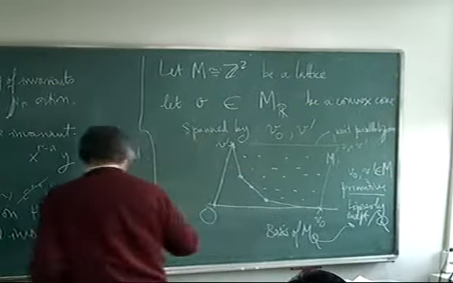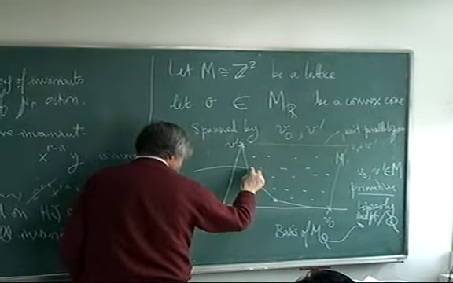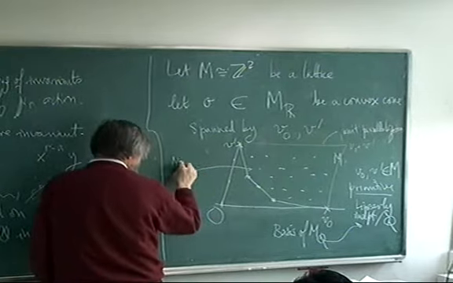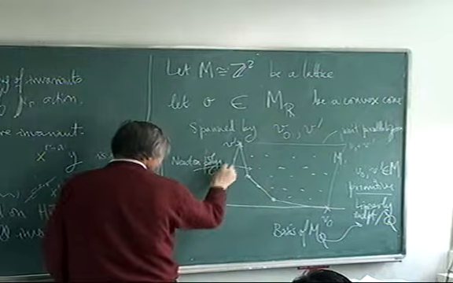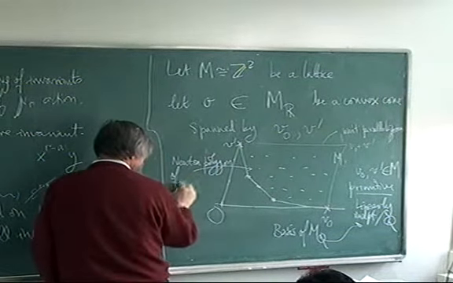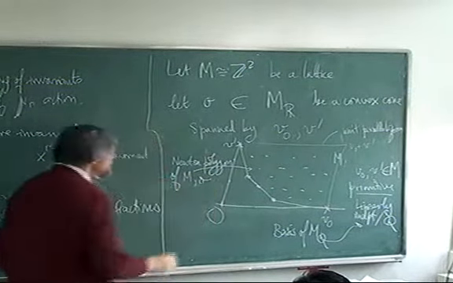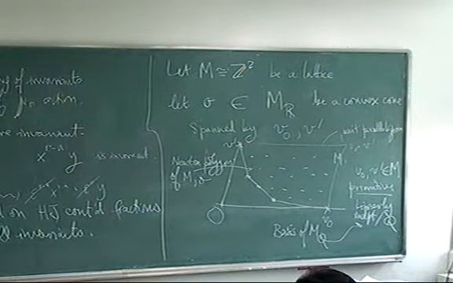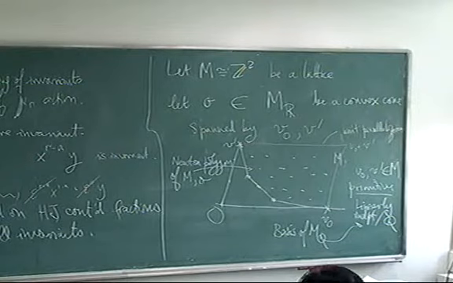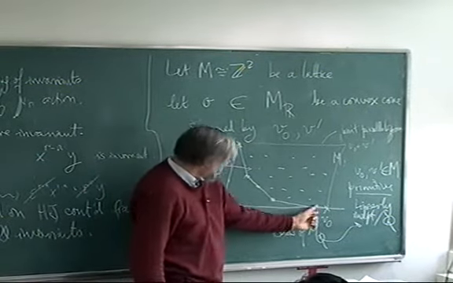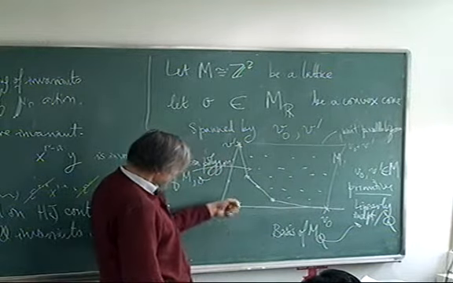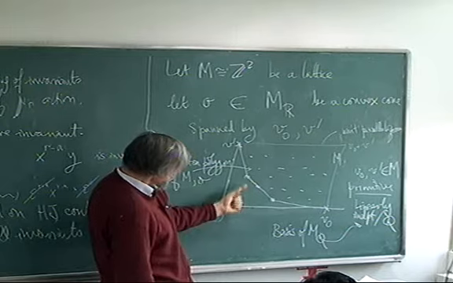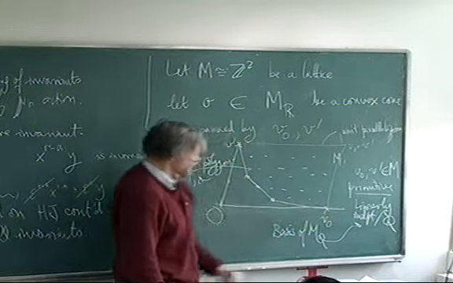Okay, so this picture here is called the Newton Polygon of M, sigma, and you can see what it is. The thing I've done here is I've taken all of the lattice points which are in this cone, except for the origin, I'm not looking at the origin, and then I'm taking the convex hull of these.